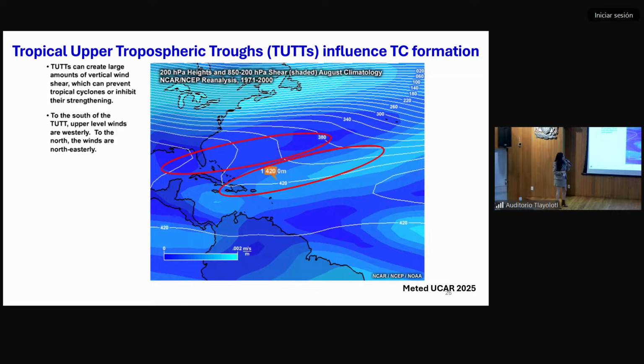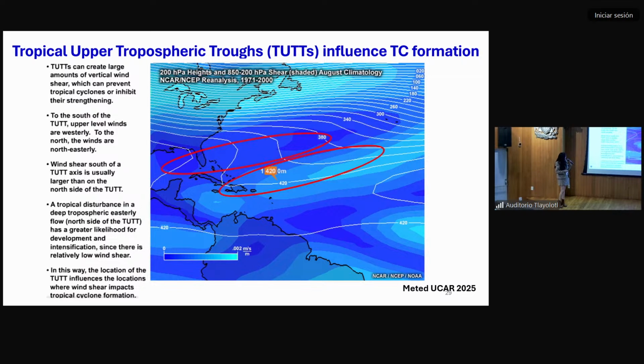Why is the question. Because the trough can induce high wind shear, and on the northern side, tropical cyclones can get favorable conditions to form. So this is very important for predicting where a tropical cyclone formation can occur.